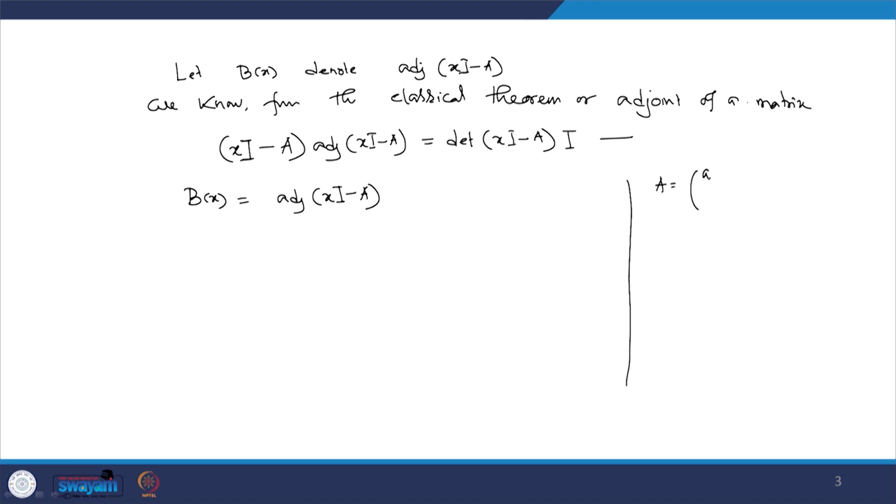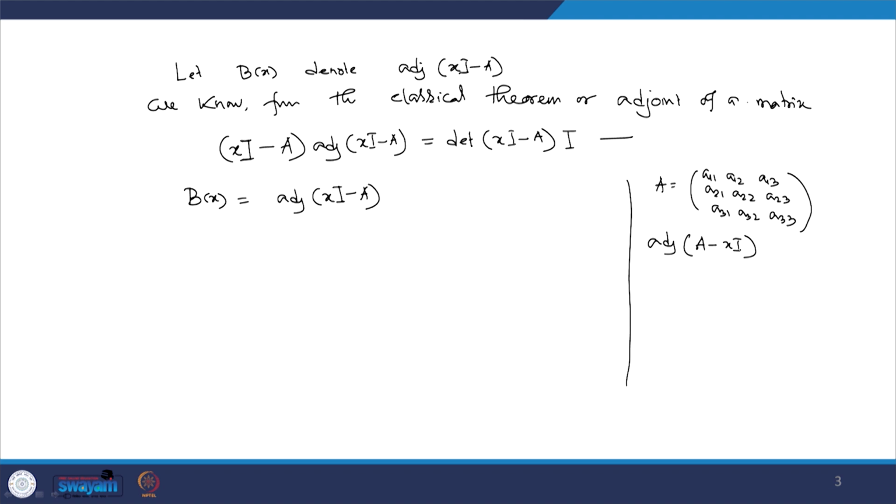Let A equal to A11, A12, A13, A21, A22, A23, A31, A32, A33. This is a matrix. So, if I consider the adjoint of, say, A minus xI, because minus 1 to the power 3 I have to multiply it.